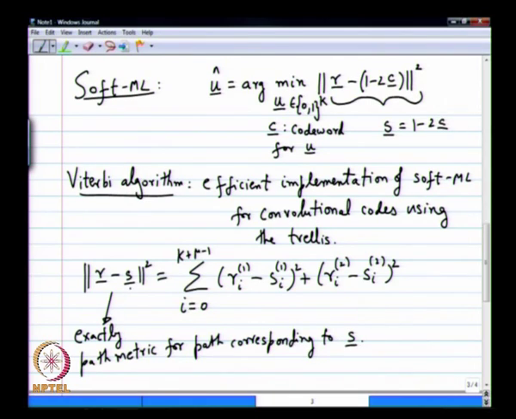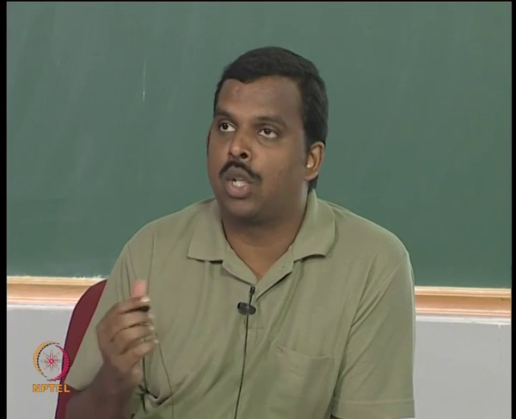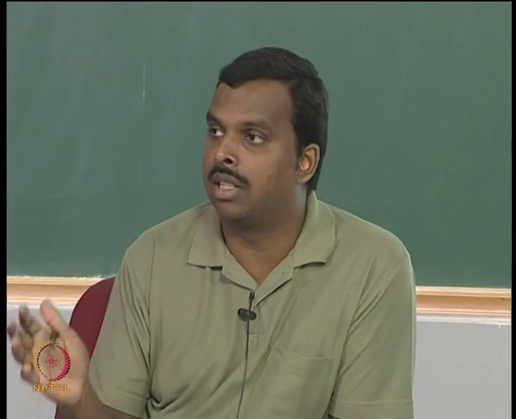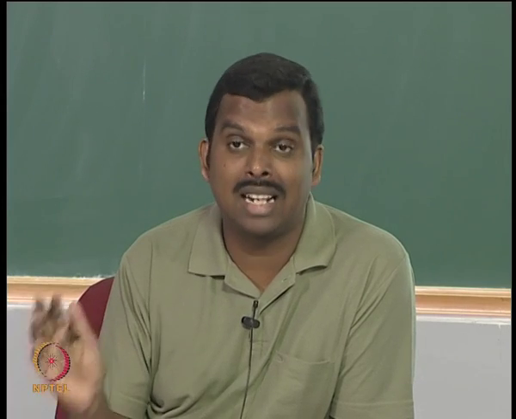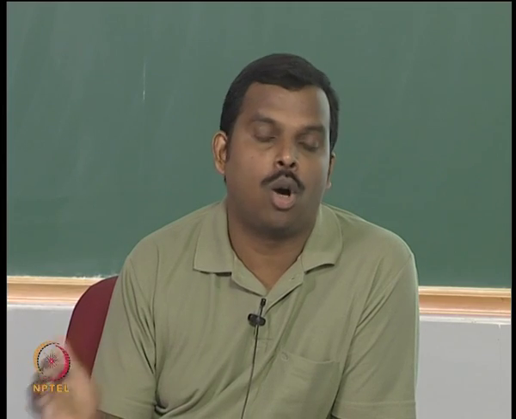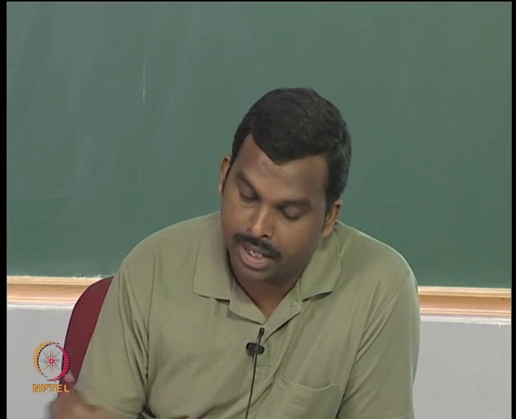S is a valid, well, symbol sequence, not really a code word sequence. S is the symbol vector. Okay. So, it corresponds to a path on the trellis. The path metric of that path exactly equals this ||R minus S|| squared. Okay. So, that is what I have done with this trellis representation. Okay. So, my task of doing soft ML decoding, of finding that code word which is closest in Euclidean distance from the received vector, is exactly the same as finding that path with least path metric on the trellis. Okay. So, it is a very simple one-to-one correspondence, and that is the first idea in the Viterbi algorithm.